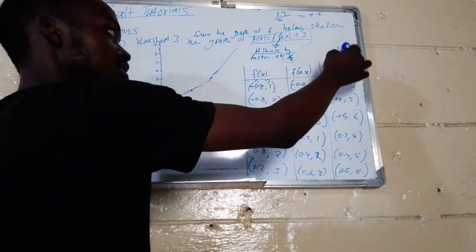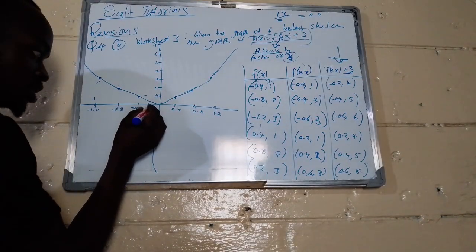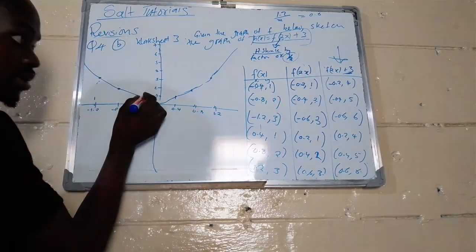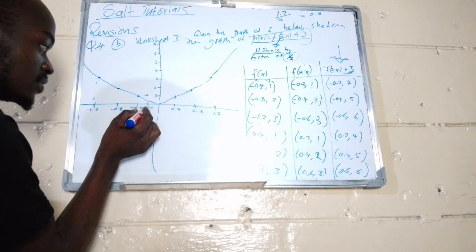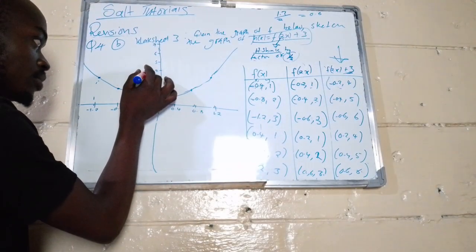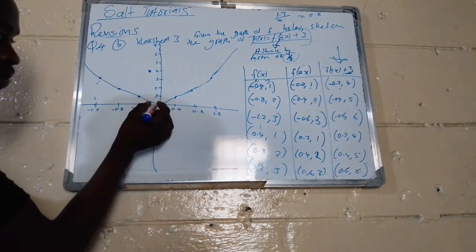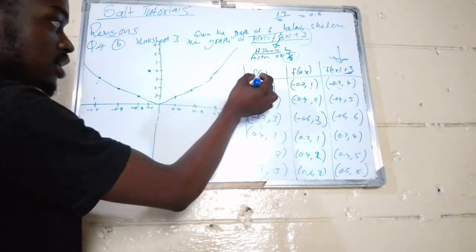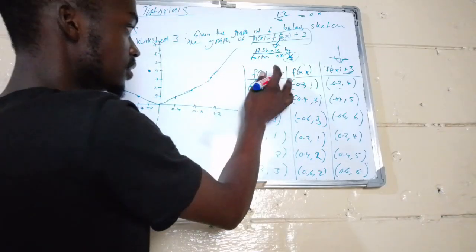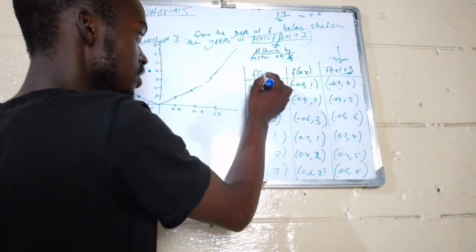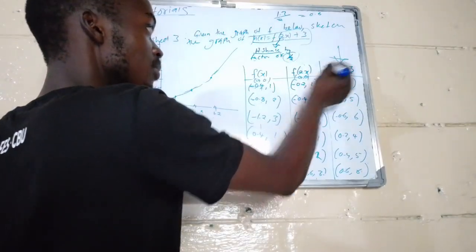So for you to plot this one, what coordinates are you going to use? It is the final column coordinates. We are plotting negative 0.2, 4. So negative 0.2, 4 will be this point. Another point is 0, 0 from f of x, and even if you multiply 2 by 0, it will still be 0, but 0 plus 3 gives 0, 3.